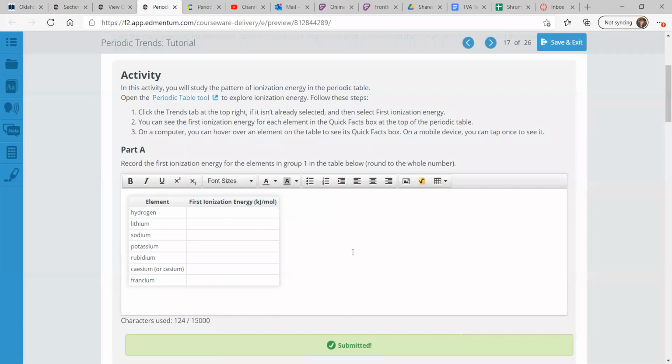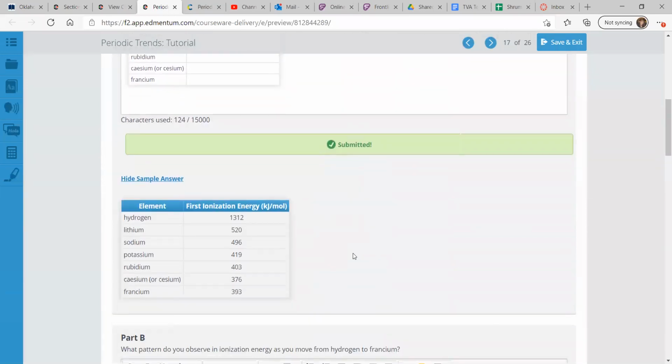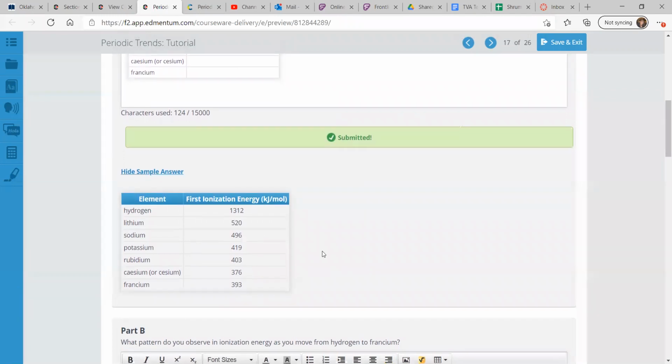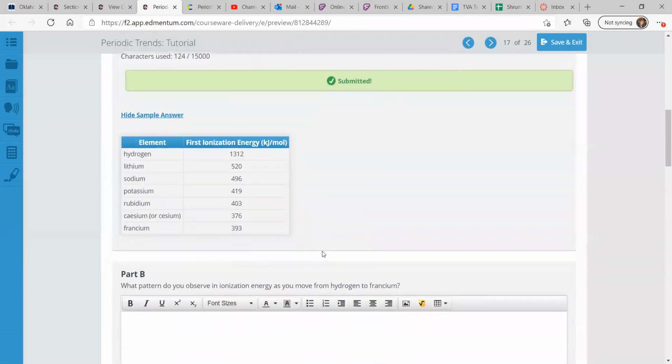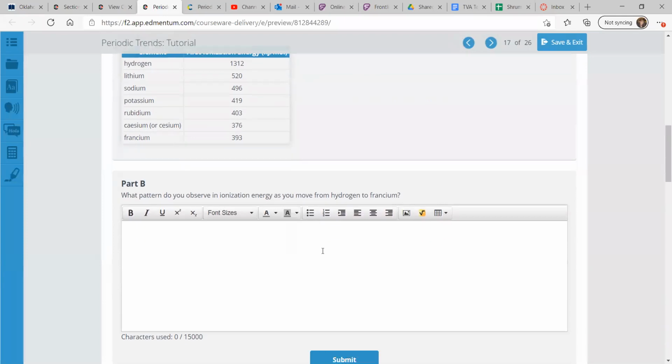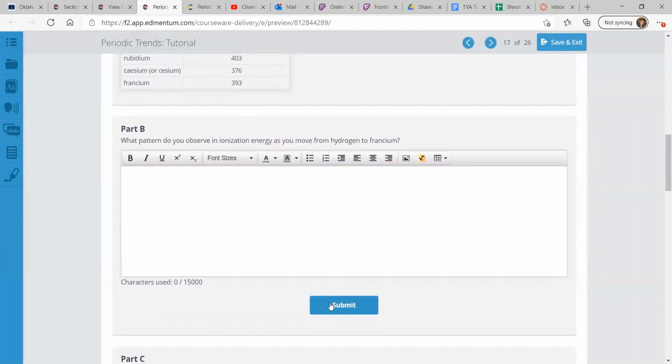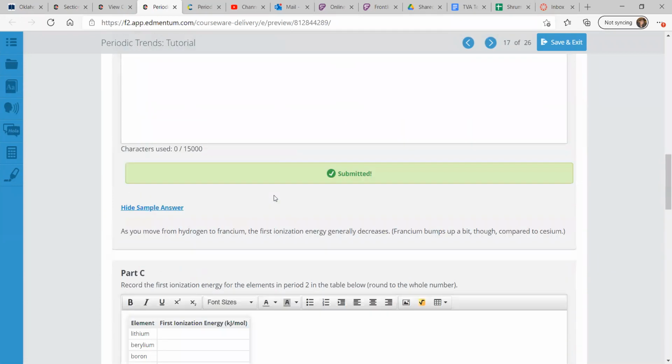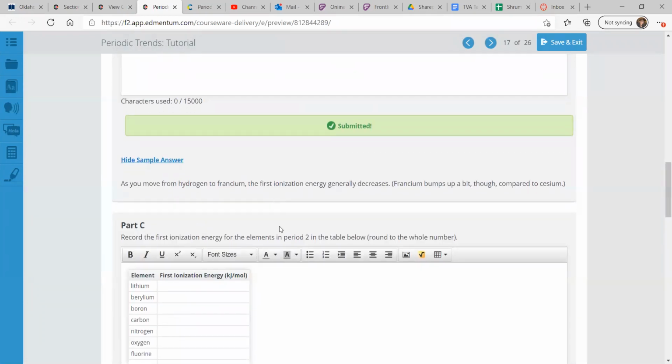So the end result of that is this. You can round, of course. What pattern do you observe? Well, it goes down generally. As you move down a group, the first ionization energy generally decreases.